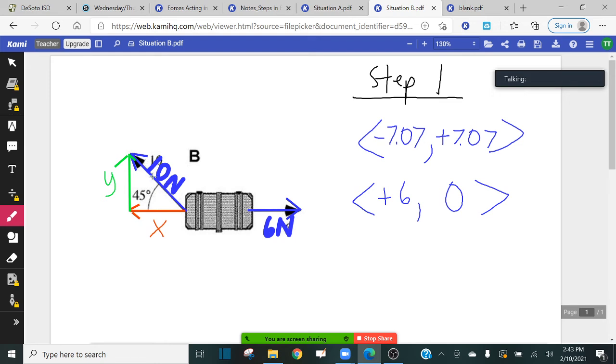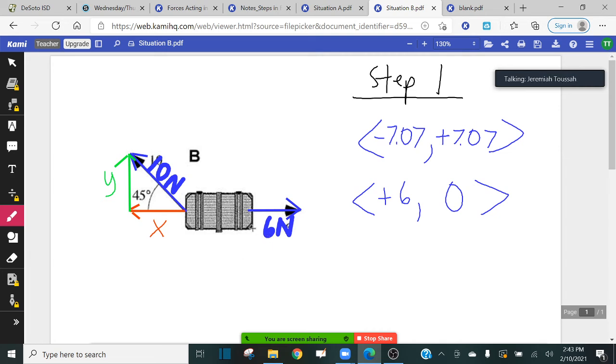Oh, are you talking about trigonometry, SOHCAHTOA?